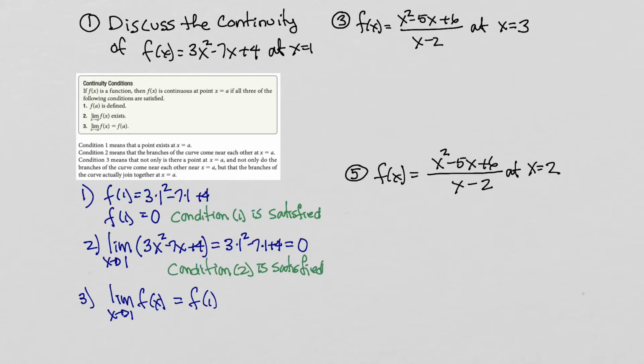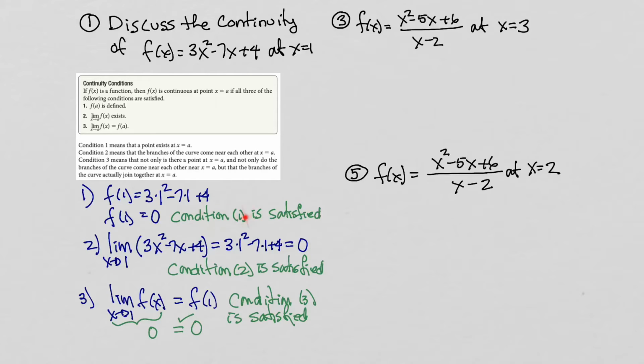We just found the limit to be 0, and f of 1 we found to be 0, so that checks. So condition 3 is satisfied. I'll write it here to make a point.